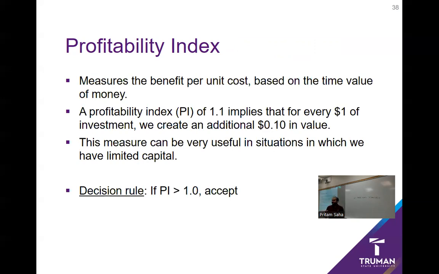Because if PI, or profitability index, is greater than 1, it means the present value of inflow is more than the present value of outflow. Makes sense? If PI is 1.1, we are getting a 10% return, right? If PI is 0.9, we are not generating any return, not value.